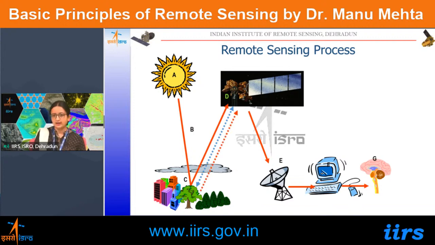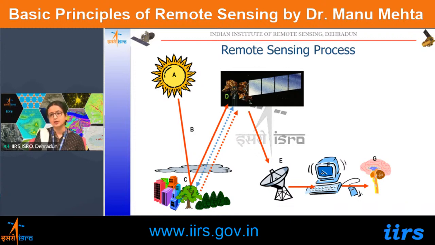Then you will have another instance. For example, here you can see the third dotted line with a single arrow. What do you understand by this? We see that the target itself becomes the source. How will it happen? Everything in this universe above 0 Kelvin is radiating some part of energy.